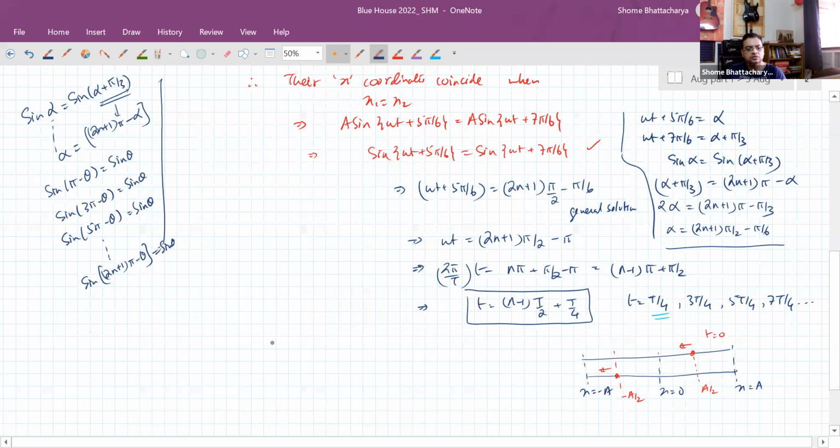So the first one at t equal to T by 4, x1 will be how much? It will be a sine omega into T by 4 plus 5 pi by 6. So that will be a sine pi by 2 plus pi by 6.